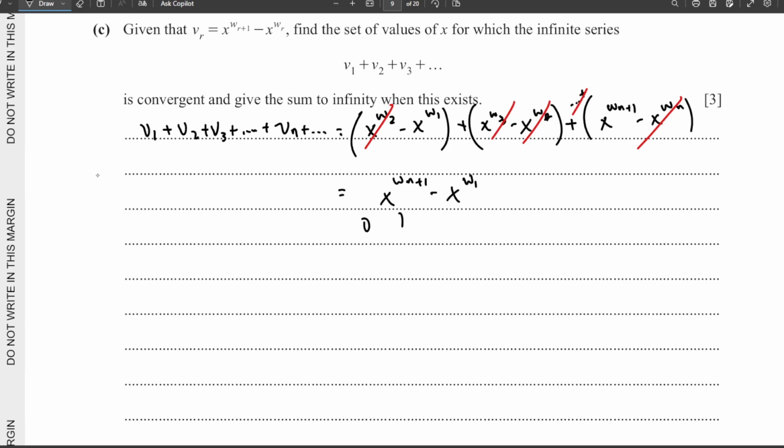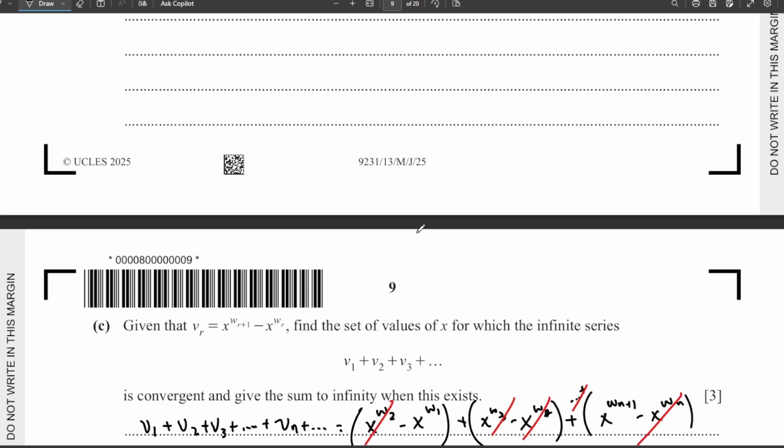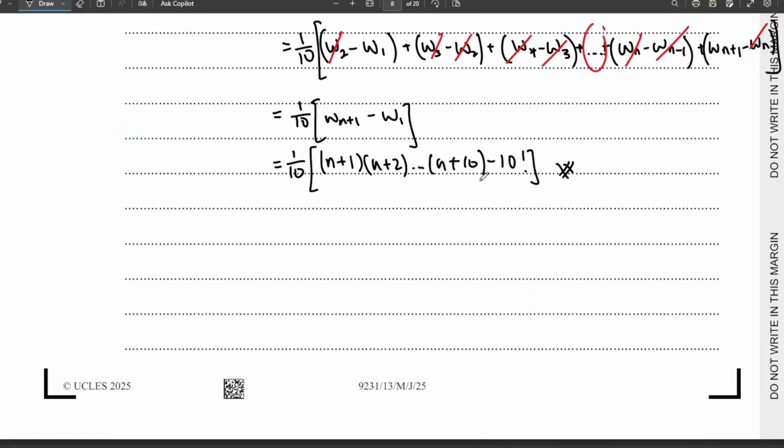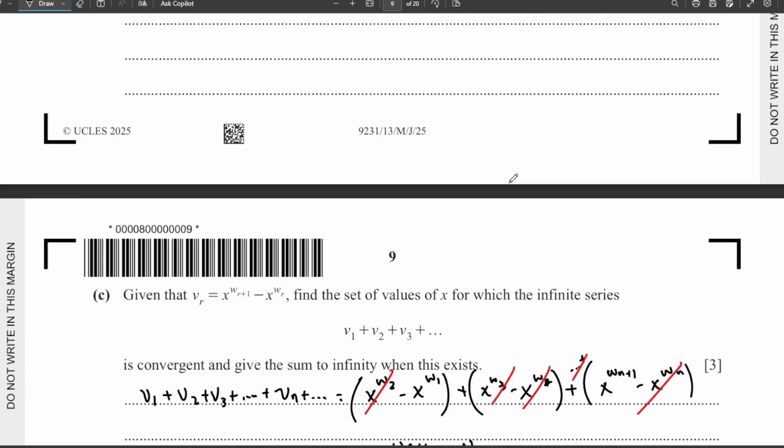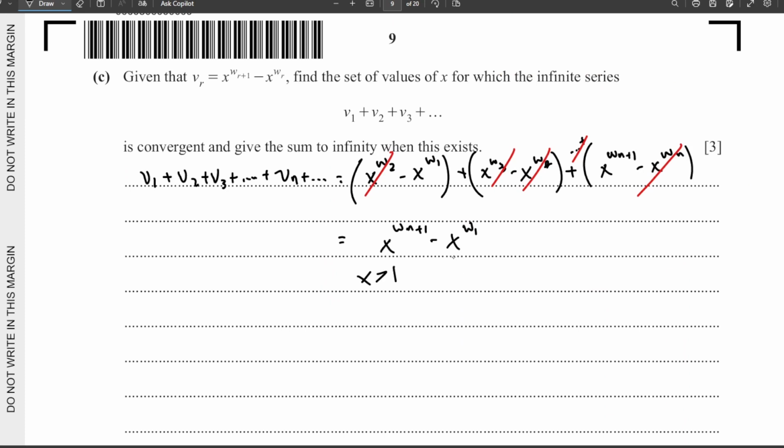Because if x is larger than 1, and n, again, is a very large number, this first term will blow up. And this second term, will it also blow up? Because W1 is also a very big number, W1 is 10 factorial. So this term will also blow up. So not convergent, it's divergent.